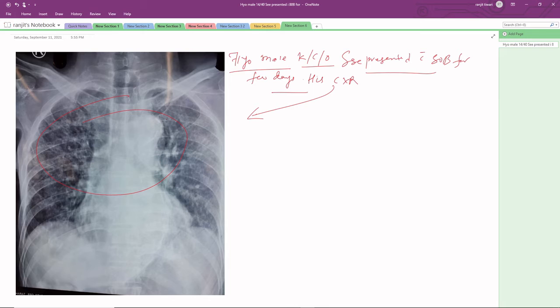But up to now HRCT is not done, and I will inform you about the HRCT after we get it.